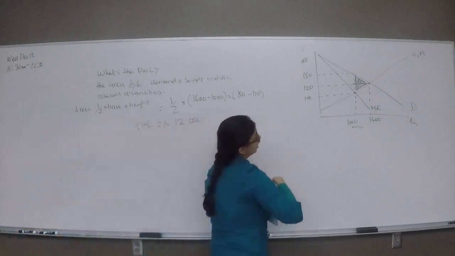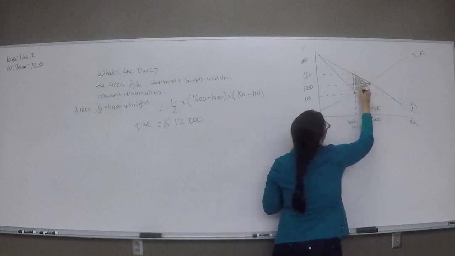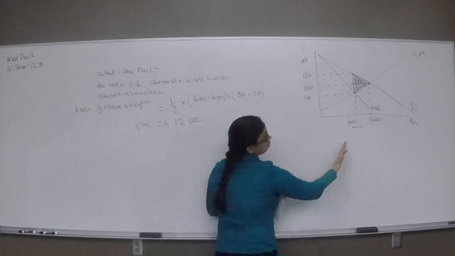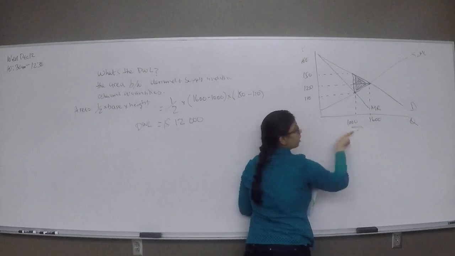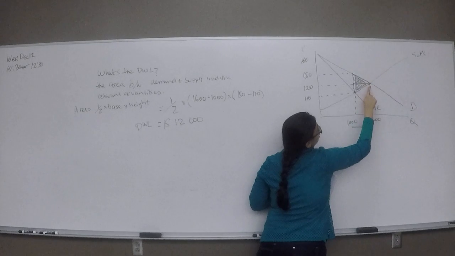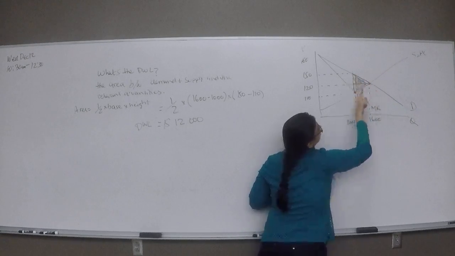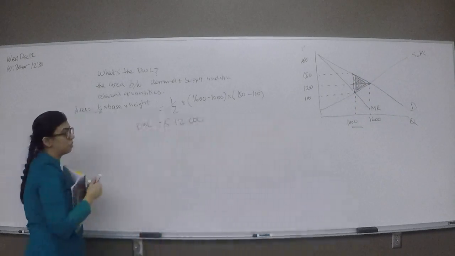From the profit maximizing quantity of a monopolist, to the right of that, until the competitive market's equilibrium begins, that is the deadweight loss area. And we calculated it to be $12,000.